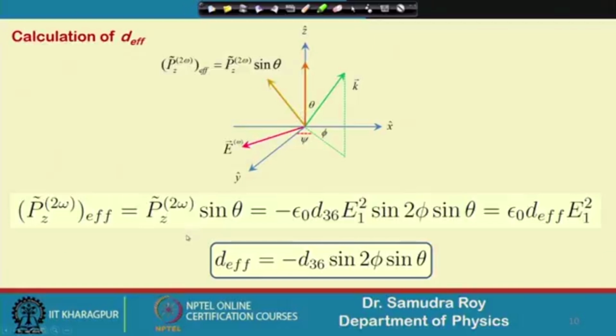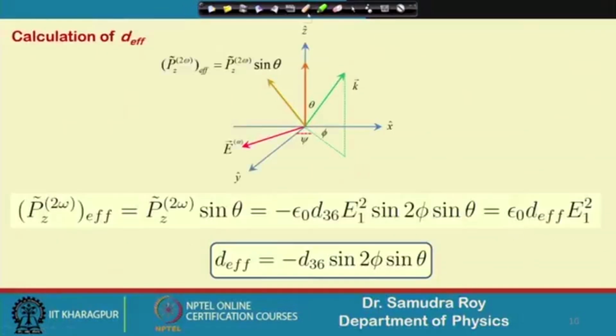So, sin theta will generate some effective D, and this D effective is eventually this. So, we find that even though the polarization is generating, the polarization direction is not in such a way that we can generate the phase matching properly.